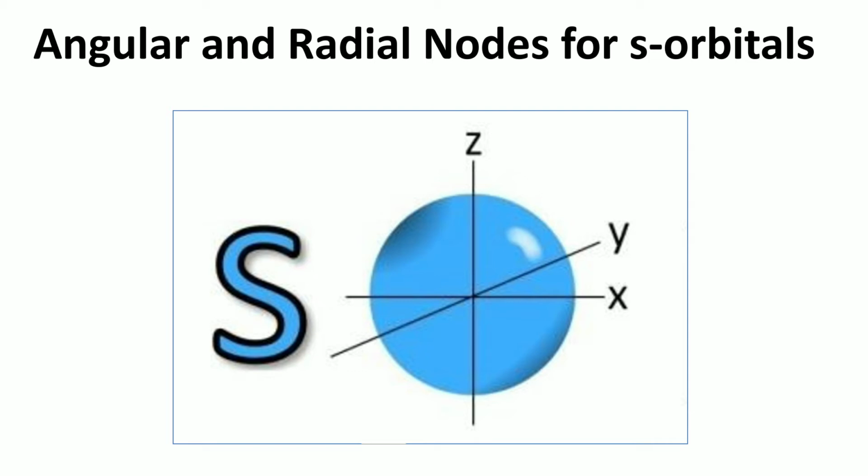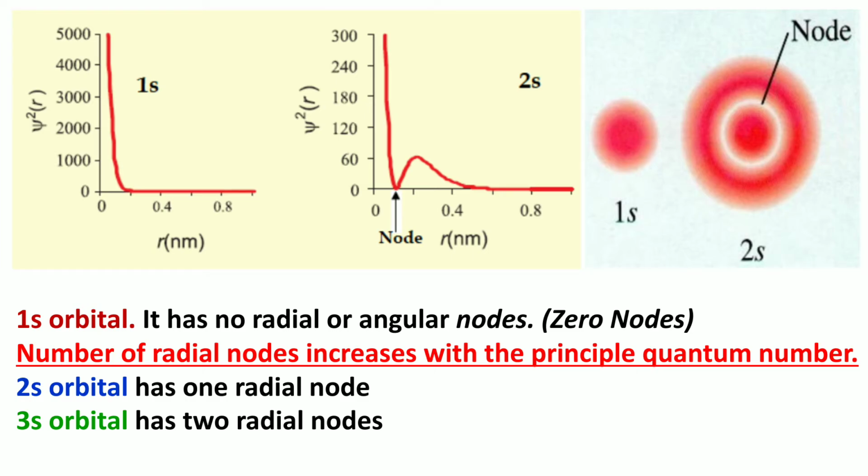So this is the diagram between the distance of the electron from the nucleus and its probability density. For 1s orbital and 2s orbital we can see that these diagrams are different. According to the German physicist Max Born, the square of the wave function, that is the probability density psi square at a given point, gives the probability density of the electron at that point.